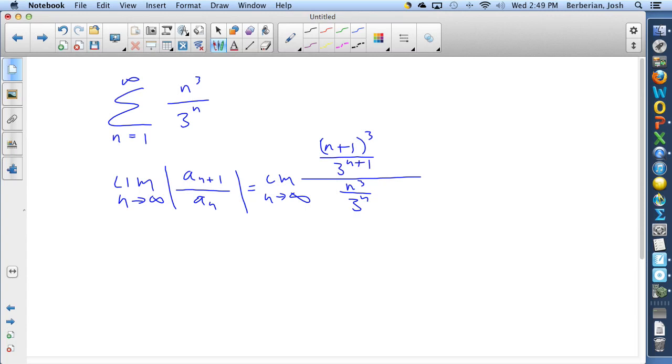Is that okay for just how I plug things in? Yes. Okay. So I'm going to write it as n plus 1 cubed over 3 to the n plus 1. Now, instead of dividing, I'm going to multiply by the reciprocal: 3 to the n over n cubed.